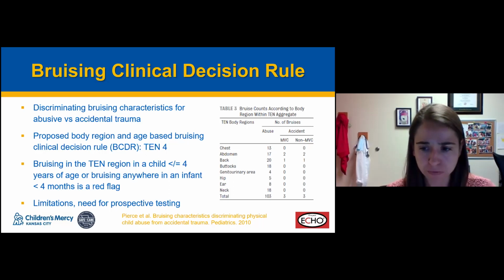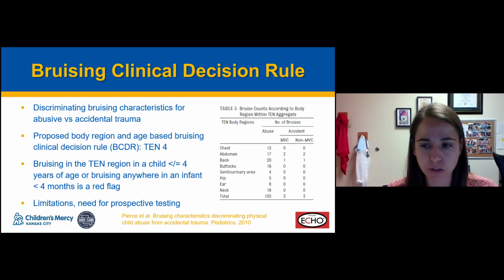So that's pretty good. And so they proposed that 10-4 could be applied when a child under 4 years of age was seen with bruising to help improve recognition and decision-making around abuse, such that any child who had a bruise identified in the 10 region or a child under 4 months of age with bruising anywhere should raise concern for abuse and need further evaluation.